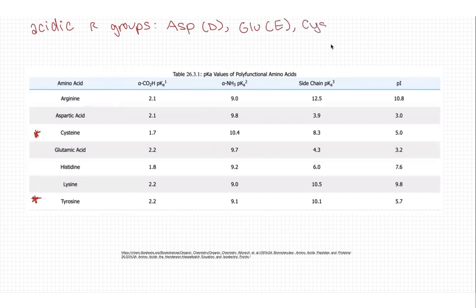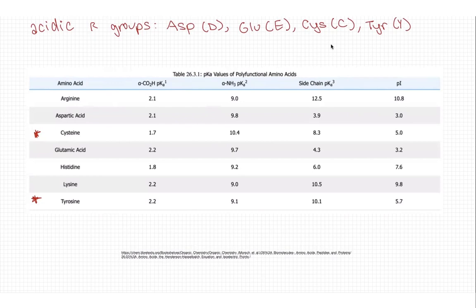We have our cysteine, abbreviated C, and we have our tyrosine, which we can abbreviate Y. And we're not going to include threonine or serine because they have pKas that are very, very weak. So we're not going to worry about those ones, but we will include cysteine and tyrosine when we're thinking about the ones that are ionizable in terms of things like drawing titration curves.